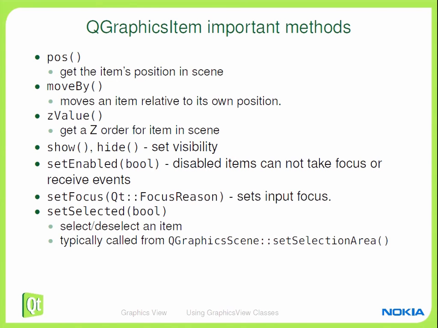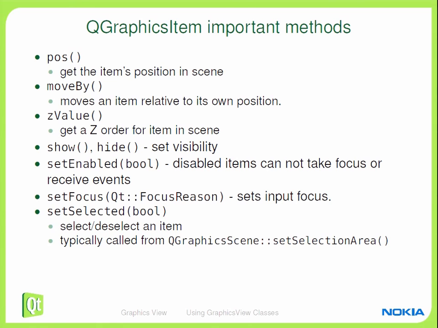Every time the mouse draws itself, regardless of its position, it will draw itself the very same way. But the mouse also knows its position in its parent's coordinates. And in this case, the parent is the scene. So with function pos, you can get the position in the scene. And then you can call setPos, or you can call moveBy, in order to move the item in the scene.